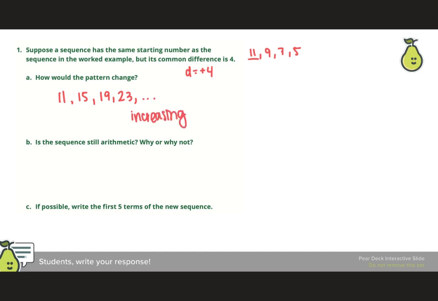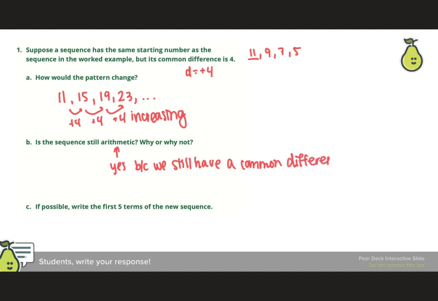And is the sequence still arithmetic? Since we're still adding a common difference, we're adding 4, the sequence is still arithmetic. The only difference is that the common difference is positive, which would make our sequence increasing rather than decreasing.